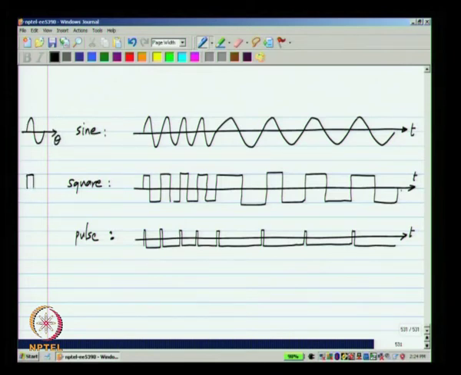So, the first one has a sinusoidal shape, the second one has a square shape, and the third one has some narrow pulse shape. And in this with respect to theta, all of them have a period of 2 pi. What is different is this function p that is periodic.